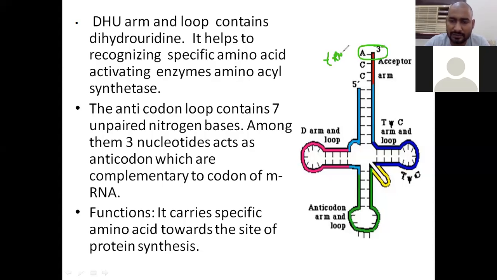When the amino acid is linked with the acceptor end of the tRNA molecule, that is called the charged tRNA.